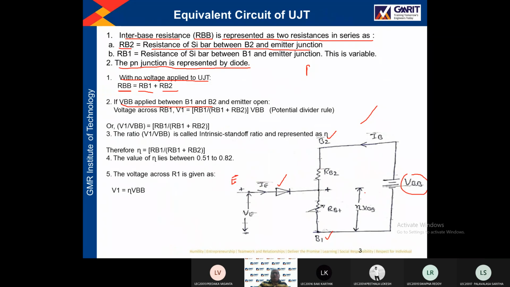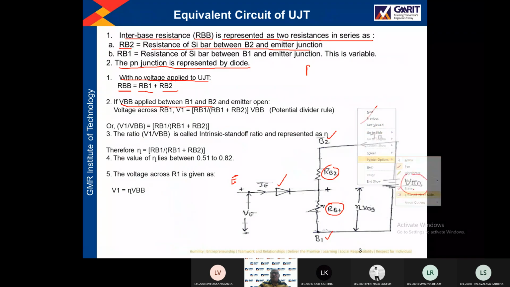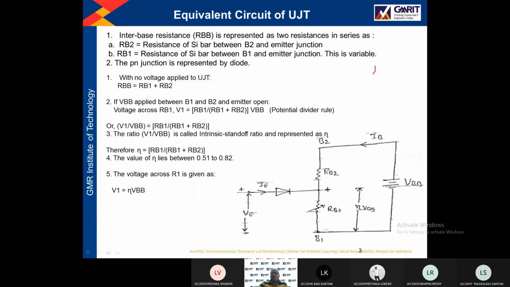So now the voltage across RB1, this is your RB1, right? And this is your RB2. So now if you see this circuit diagram, how does it look? It looks like this.